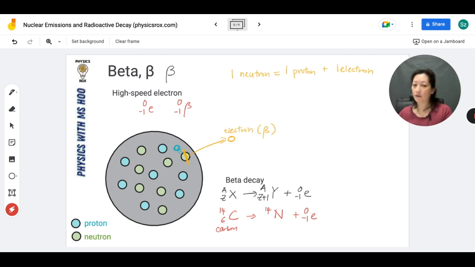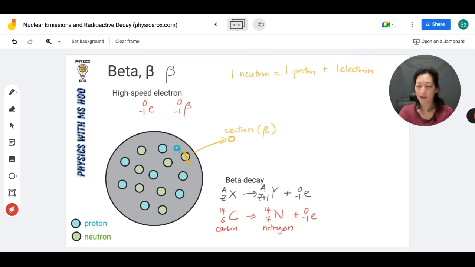And for the number of protons, it's increased by 1, so now it is 7. Similar to alpha decay, you can see that the number on the top must be balanced on both sides of the arrow. The number at the bottom must also be balanced on both sides of the arrow. In this case, because electron is -1, that's why you have 7 plus -1. That gives you 6. So this is what beta decay looks like.